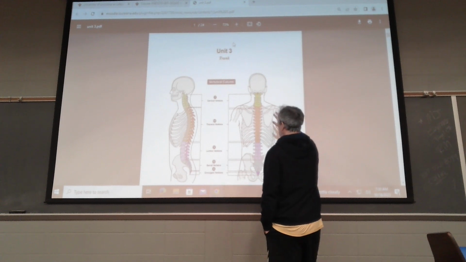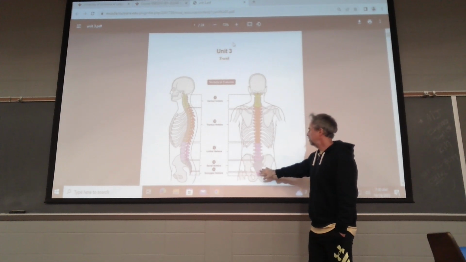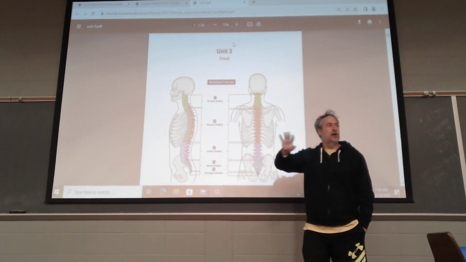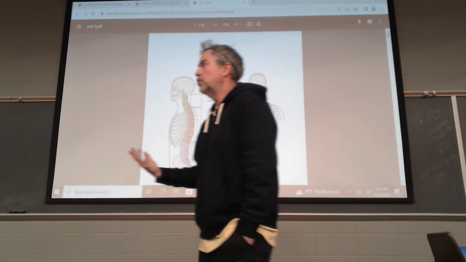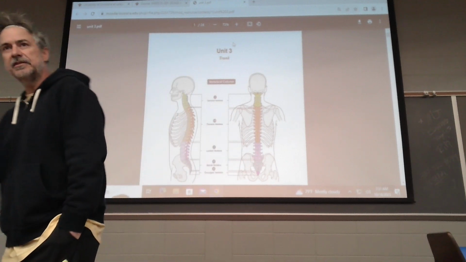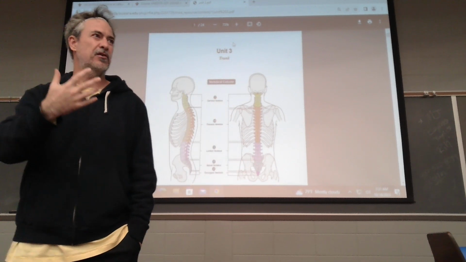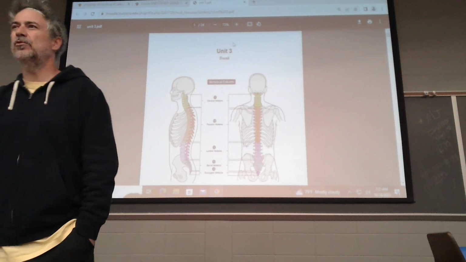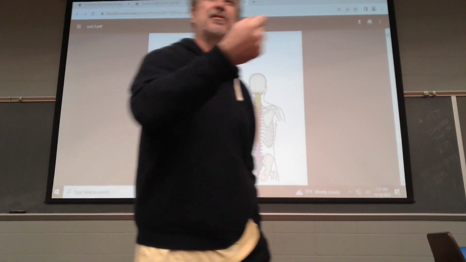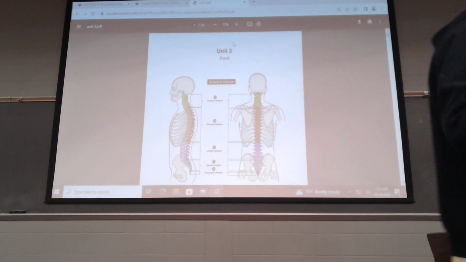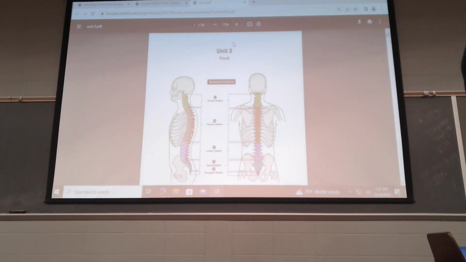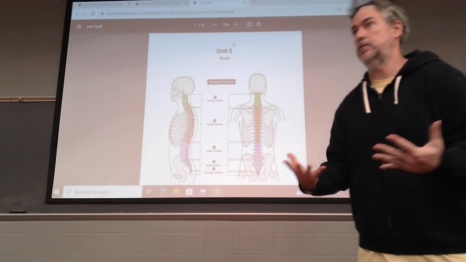So this is our vertebral column. This is our skyscraper. Point of reference, we could make this class a heck of a lot more difficult with just words. I'm not holding you accountable to all these little tubercles and tuberosities and condyles, because to me, that's abstracting from what is so important for my students to understand, and that's movement.